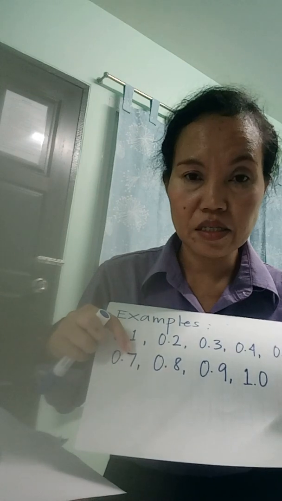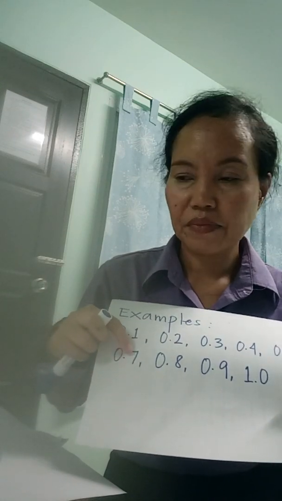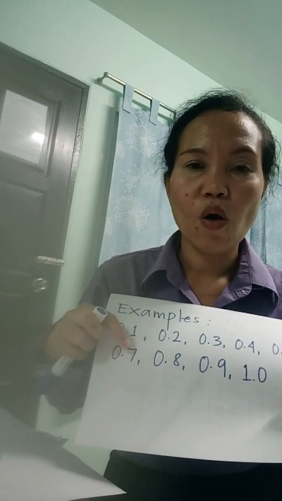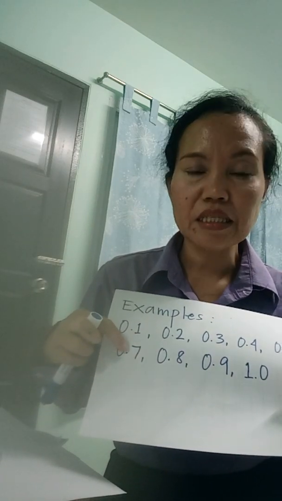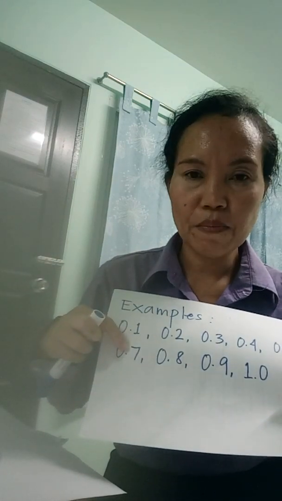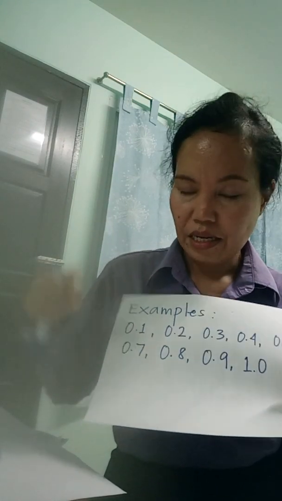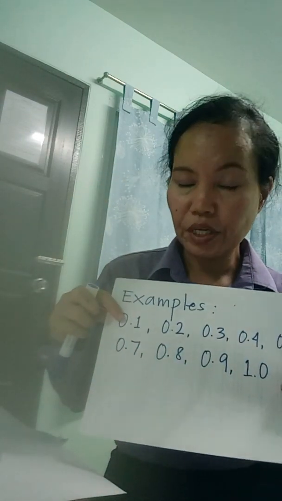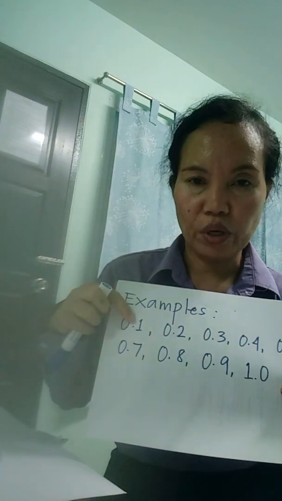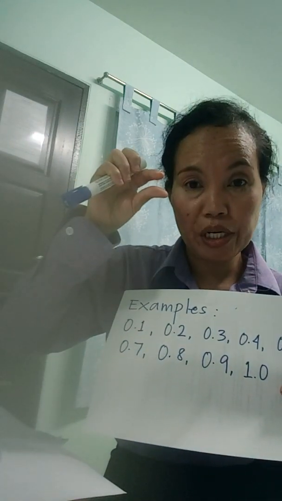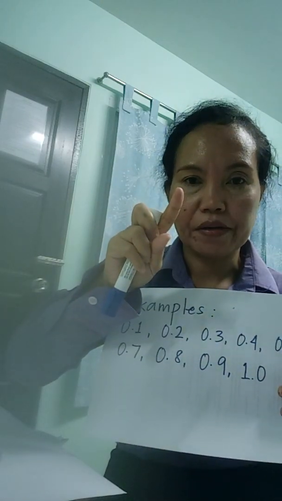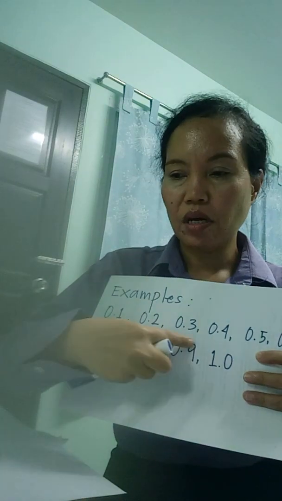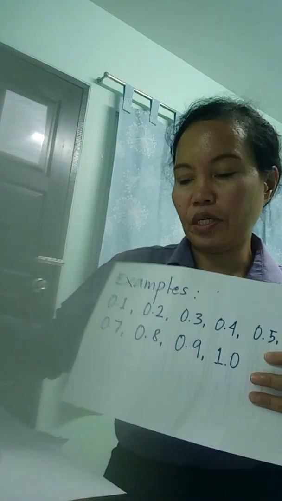Even if it is 7, the value is smaller than 1 because it is after the decimal point. Again, remember that the number after a decimal point is smaller than 1. So these are examples of decimal numbers.